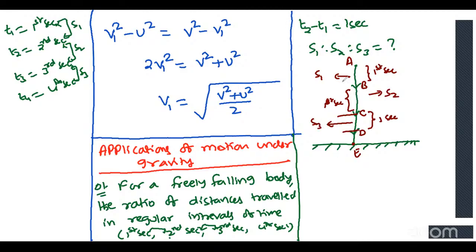Since it is falling freely, initial velocity is 0. So by using the principle S equal to ut plus half at square, S1 equal to initial velocity 0, so S1 equal to A by 2.